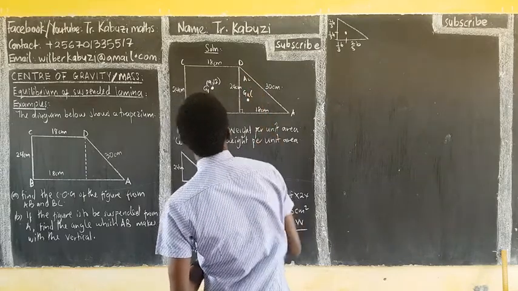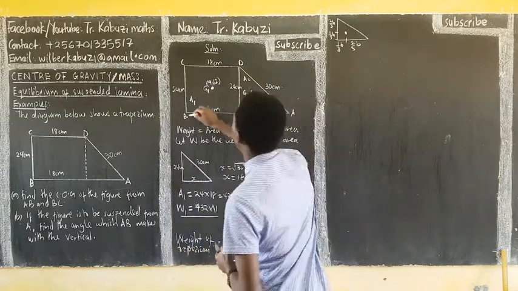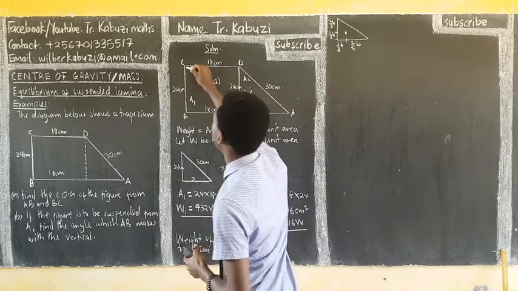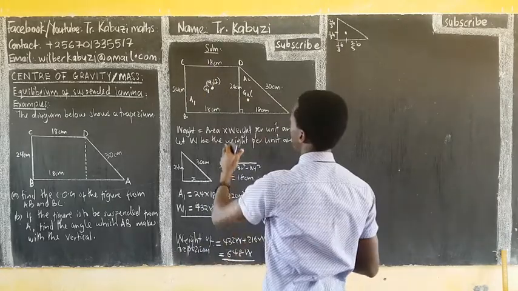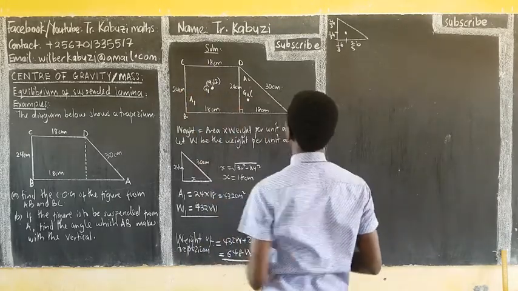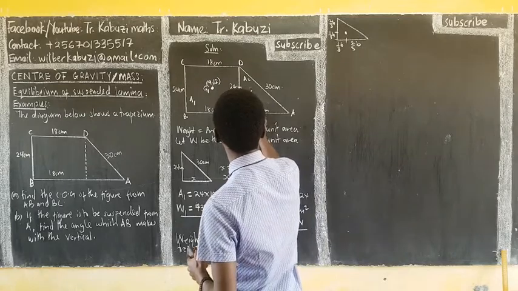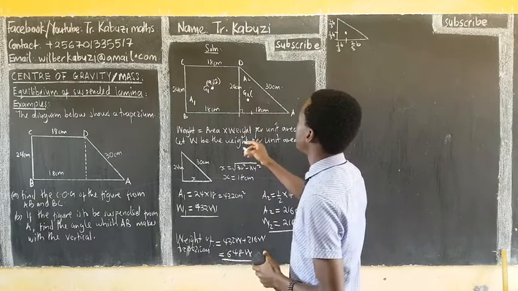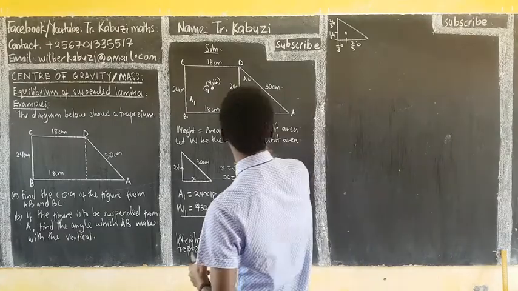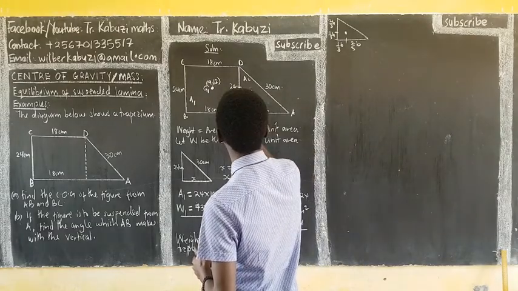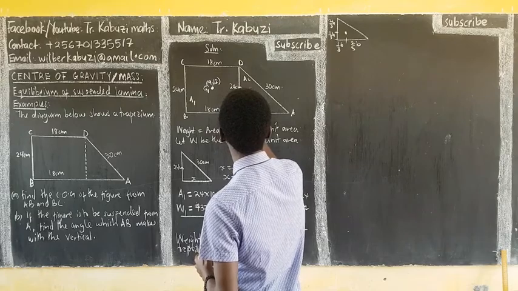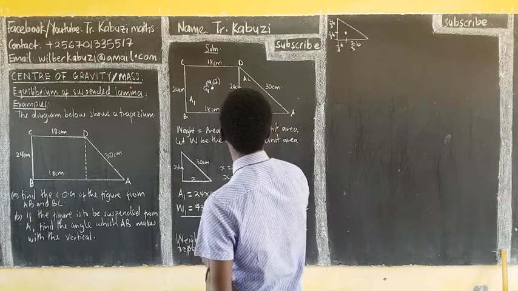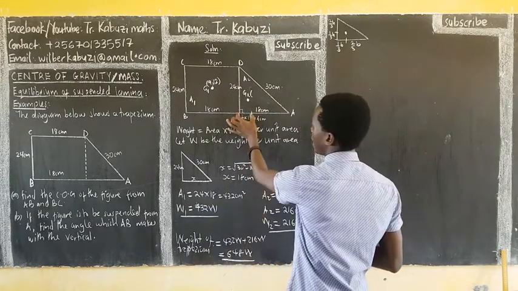So let us get the coordinate. From BC, let us first get the distance from here up to here. You know that the distance from here up to here is going to be a third of the base. So a third times 18, which is going to be 6 centimeters. So from here up to here, they are 6 centimeters.